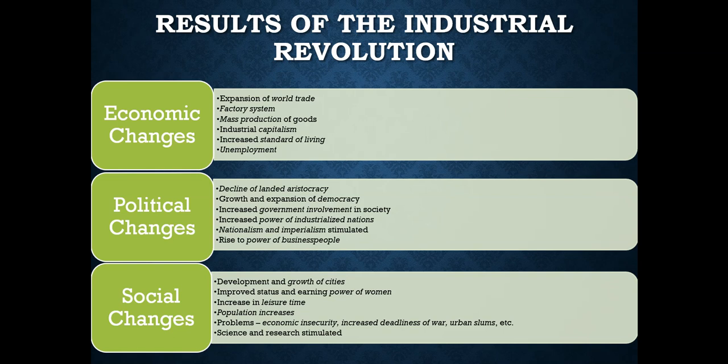In terms of political changes, we have the decline of landed aristocracy, the growth and expansion of democracy, increased government involvement in society, increased power of industrialized nations, nationalism and imperialism were stimulated, and the rise to power of business people. And in terms of social changes, we have the growth of cities, improved status and earning power of women, increased leisure time, and population increases.